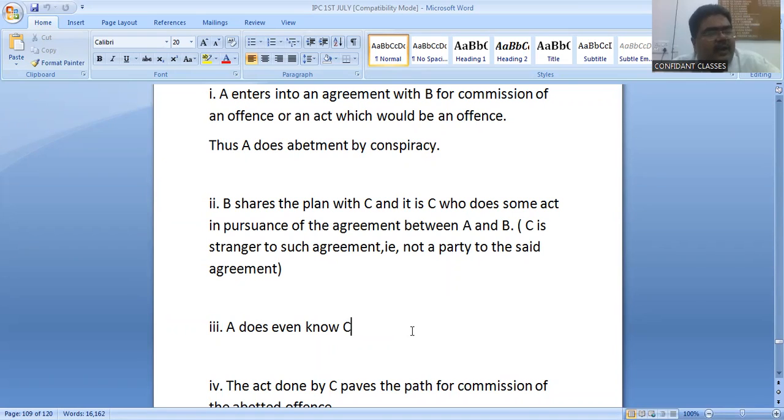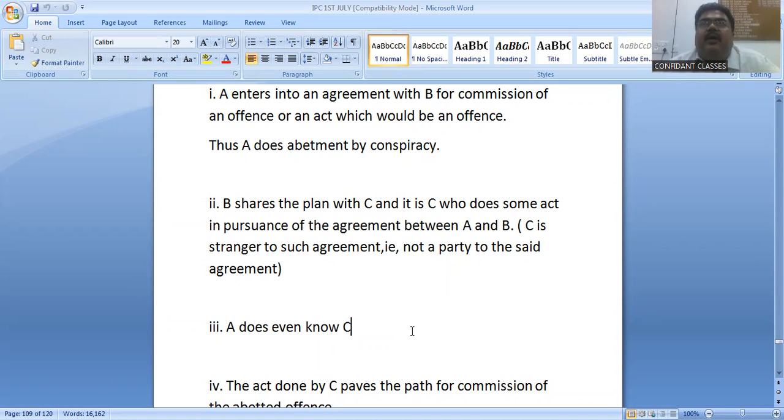Second illustration is A instigates B to murder D. B, in pursuance of the instigation, stabs D. So here the purpose of abetment is to achieve a result which is death. Right?